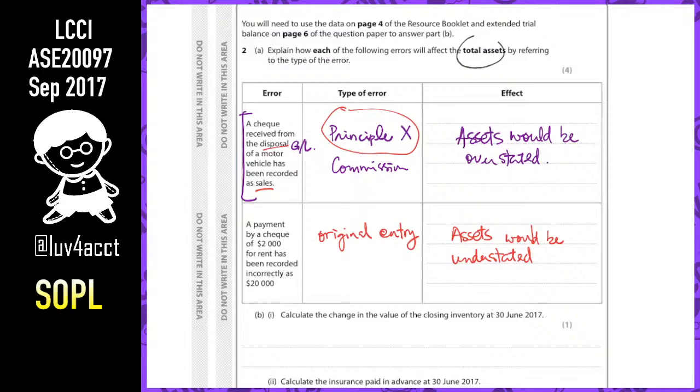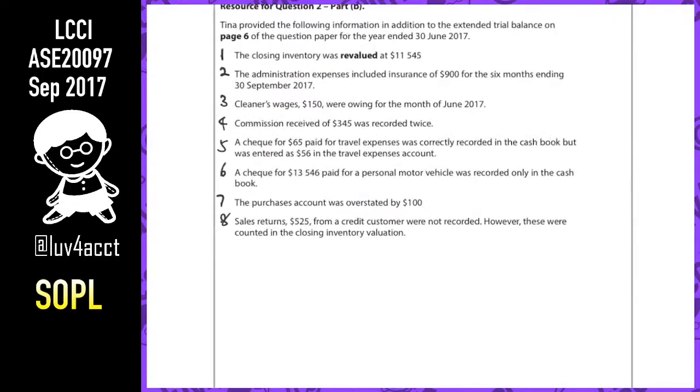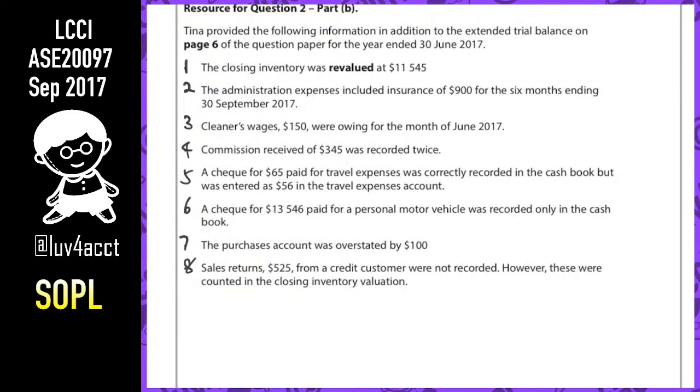Anyway, let us look at the 8 items. Closing inventory was revalued at 11,545. Is there anything related to it? Yes, maybe. 11,545 closing inventory.